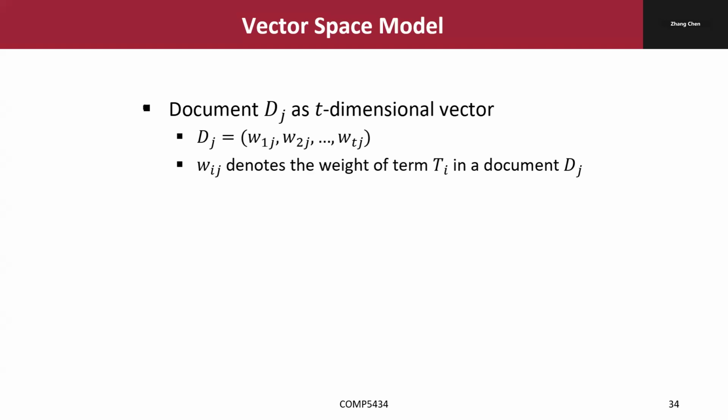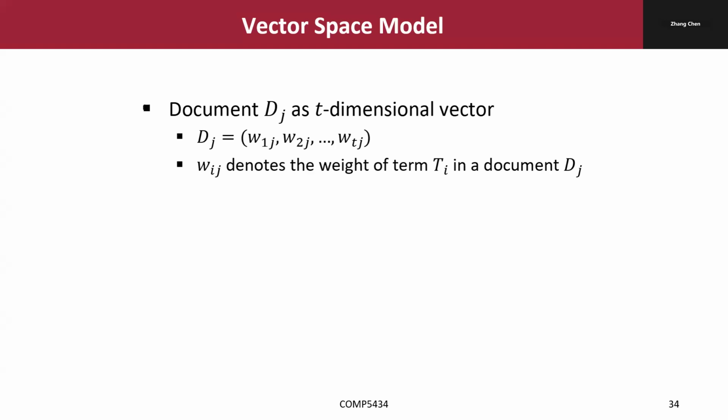Here, Wij means the weight of the word i in the document j. That's a formal mathematical expression from vector space modeling, but intuitively, it's basically a t-dimensional vector describing each single document.